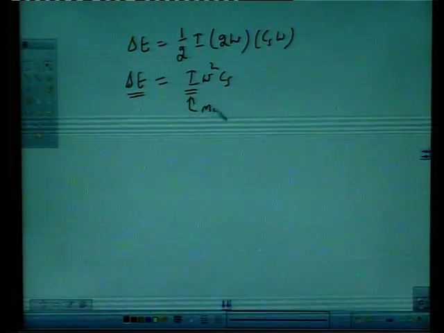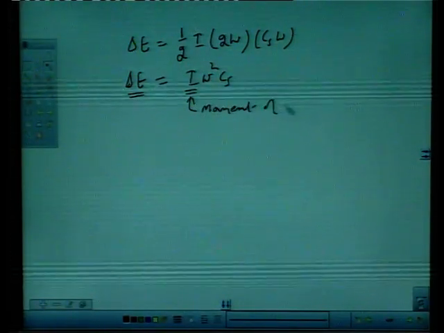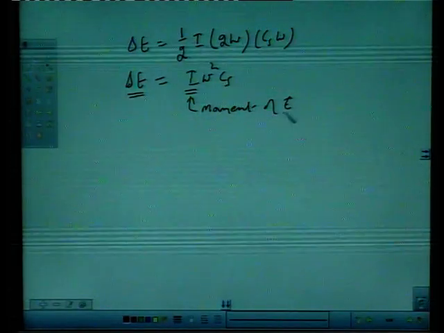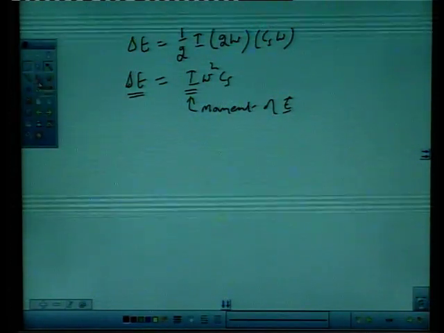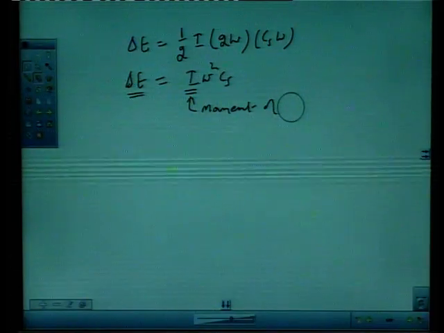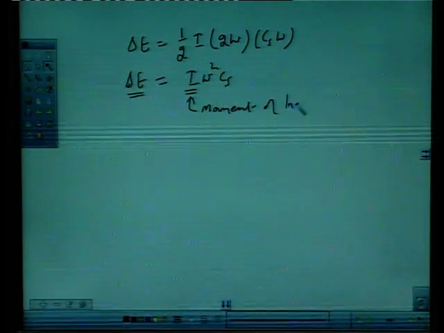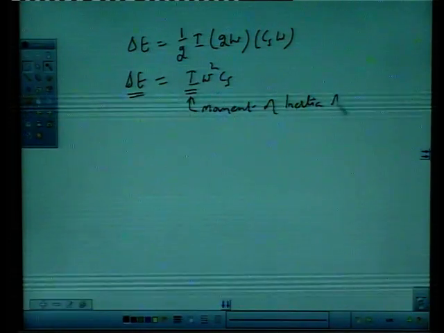This is called moment of inertia of flywheel.